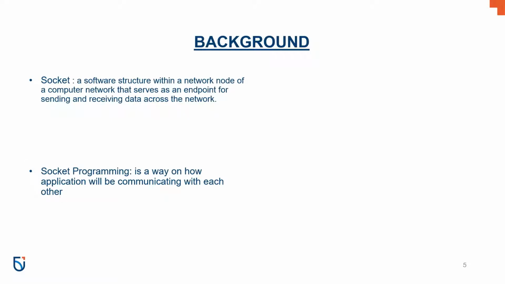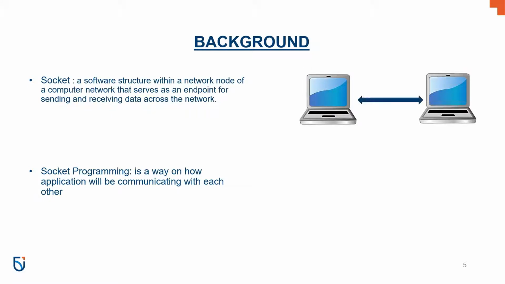Now, what is socket? A network socket is a software structure within a network node of a computer network that serves as an endpoint for sending and receiving data across the network. So what is this basically? This is actually that sockets are required for one computer to communicate with another computer.